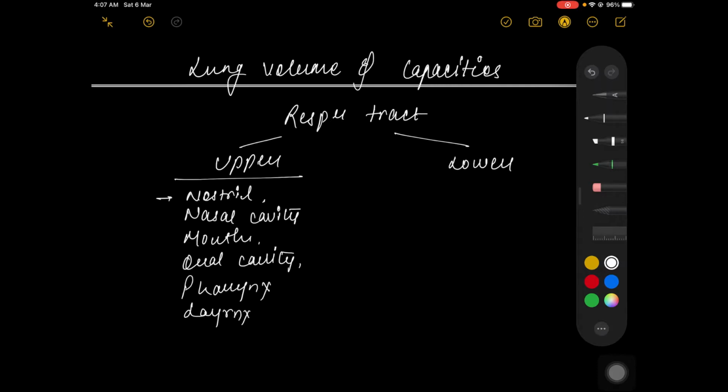Whereas the lower respiratory tract includes the trachea and its division. And you can also include lungs over here, because the division of the trachea basically descends into the lungs.